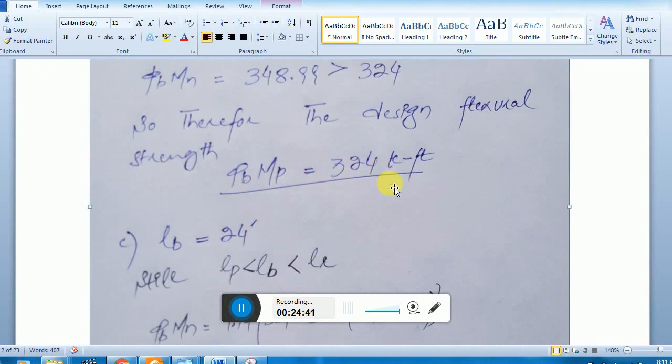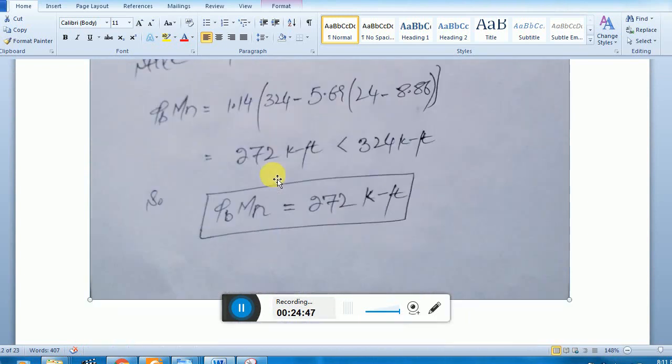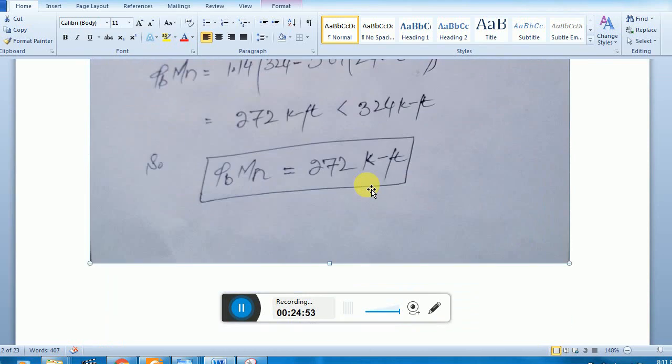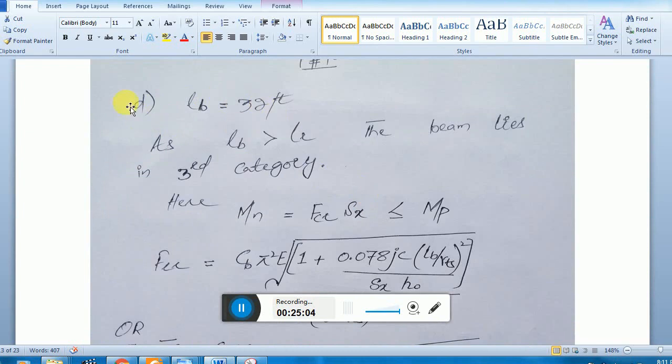But if you double your unbraced length, that is 24 feet, you gain 272, almost 1/3 less than 324, I think so, no, 1/3 something. Okay.